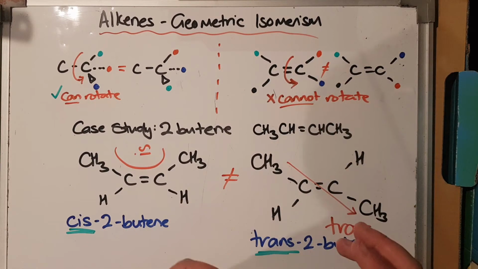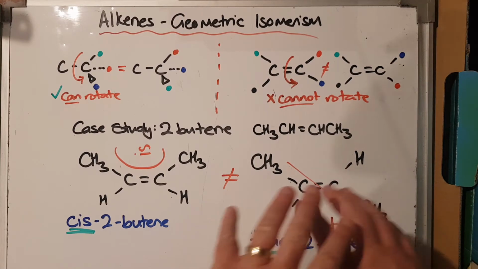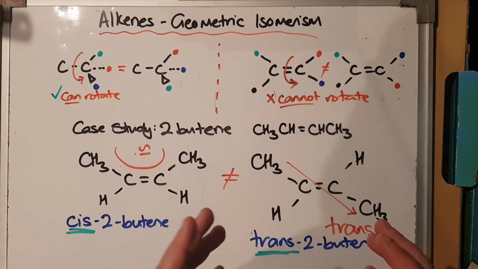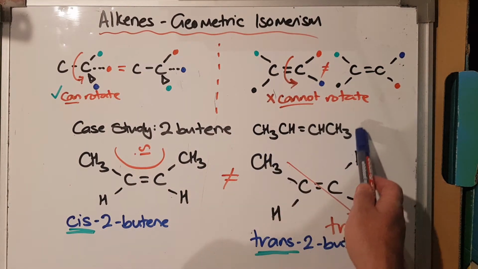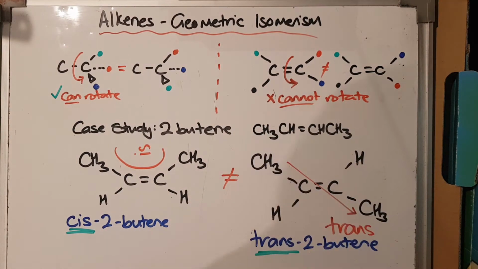They'd have the same molecular formula and same condensed structural formula, but their expanded structural formula looks different. The best example to use, or the best case study to use to show this, is 2-butene or butene. So here we've got the condensed structural formula of butene.